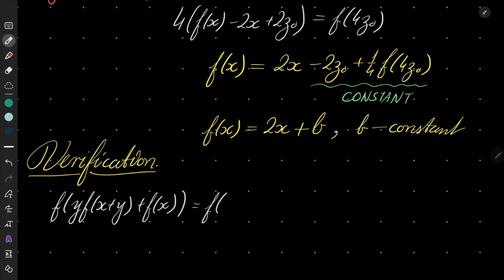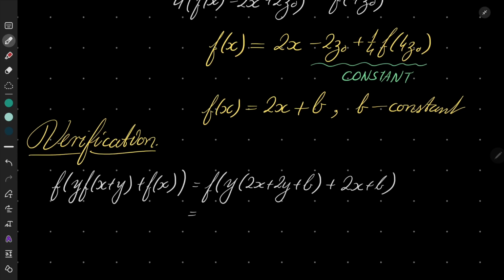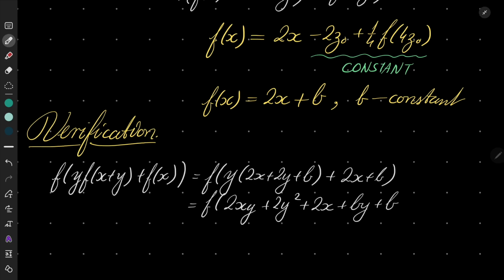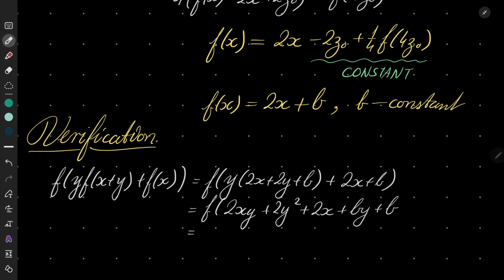We get the following if we put 2x plus b instead of f of x. f of y times 2x plus 2y plus b, plus 2 times x plus b, and that is f of 2xy plus 2y squared plus 2x plus by plus b, and after another application of function f, we get 4xy plus 4y squared plus 4x plus 2 times b times y plus 3 times b.